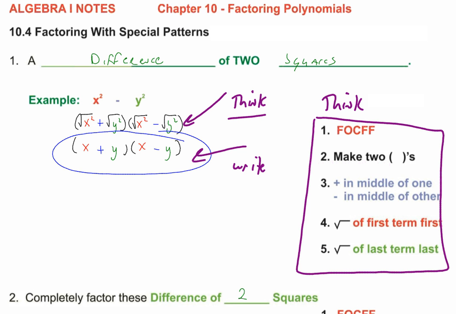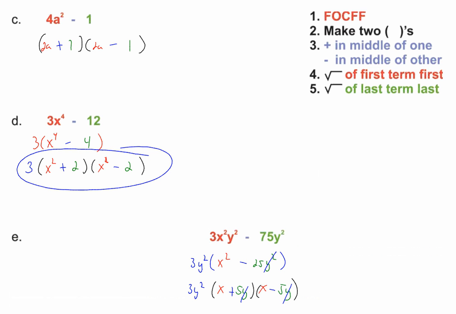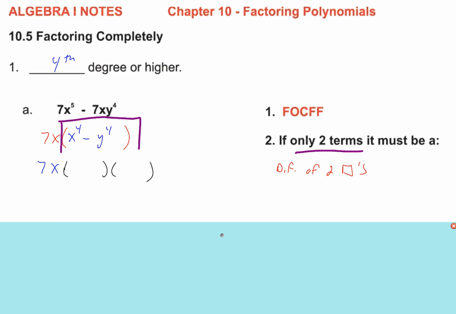Boom. Every time I factor a difference of two squares, that's what I think. Every single time. Now, if you think one thing one time and another thing another time, you are not wiring your brain. And if you don't wire your brain, you're not going to remember it as well. Period. End of story. So you got to get a pattern, and you got to stick to that pattern. You got to do that pattern every time so you can wire your brain.